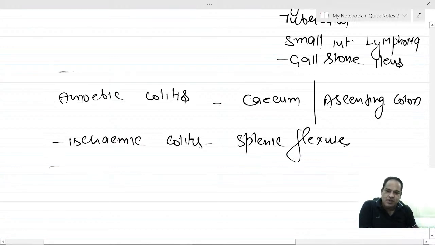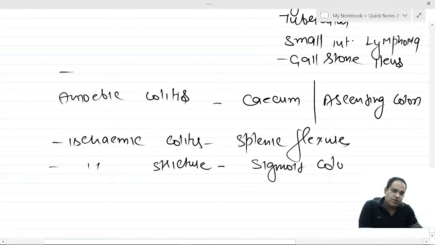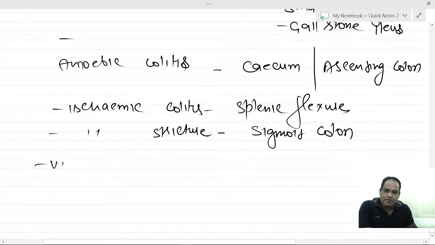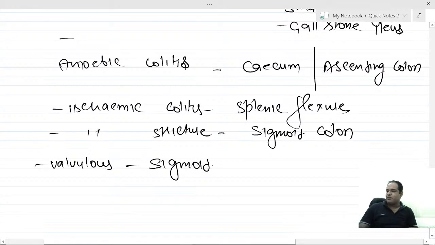Ischemic stricture is in the sigmoid colon. Most common site for volvulus is sigmoid colon.